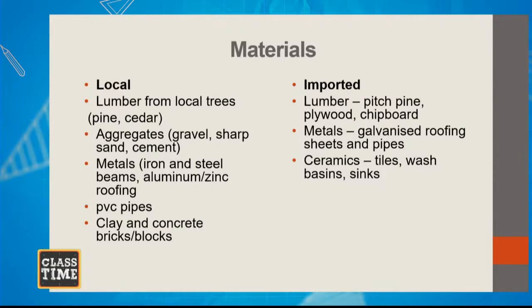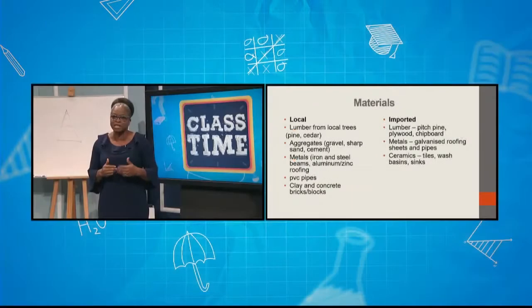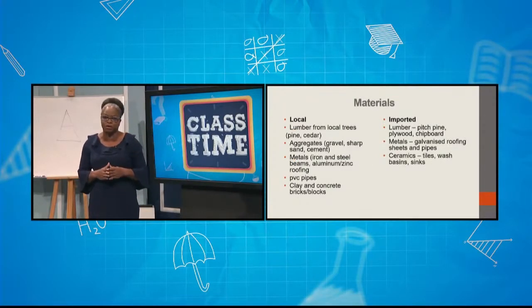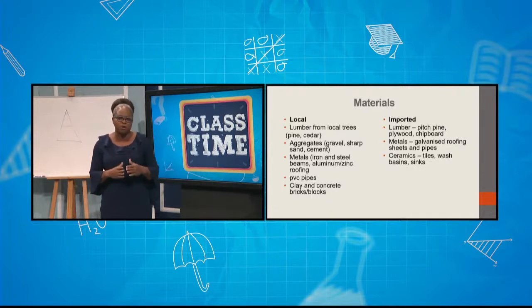When we look at metals now in our region, most of the metals that we use, they are imported material. So when we talk about our iron and steel beams, those things are important and most of that is imported. When we talk about our roofing material, we are thinking about zinc and aluminum.